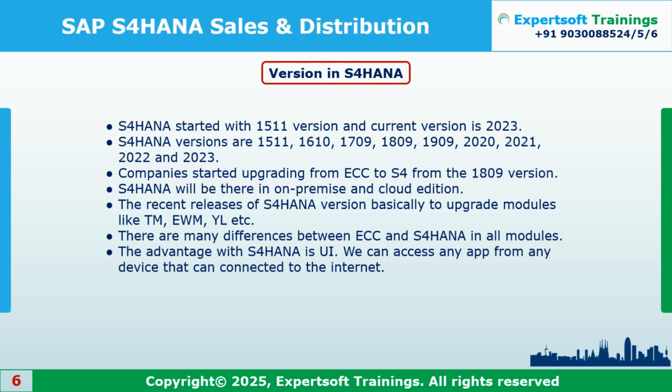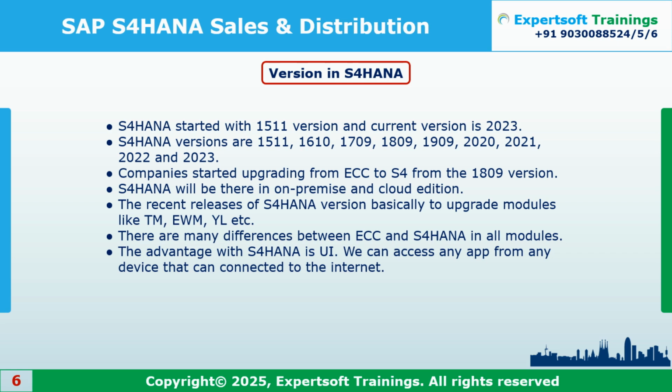And when it comes to the recent product, nowadays if any new company is implementing SAP, they directly implement S/4HANA. If anyone is using ECC, they are upgrading from ECC to S/4HANA because of certain advantages with S/4HANA.